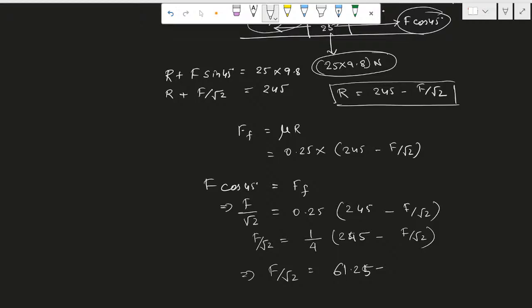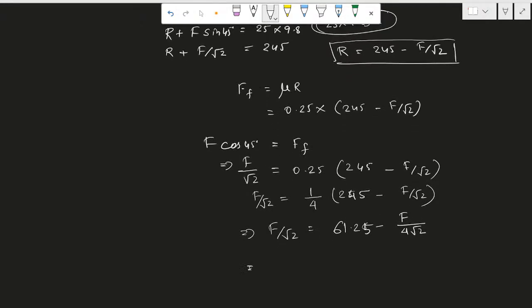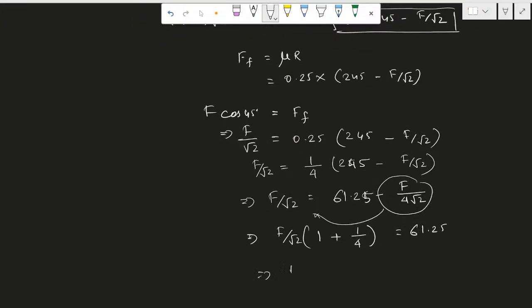So it is F by 4 root 2. Now we bring this one to that side and take F by root 2 common. 1 plus 1 by 4 is equal to 61.25, so F by root 2 into 5 by 4 is equal to 61.25.